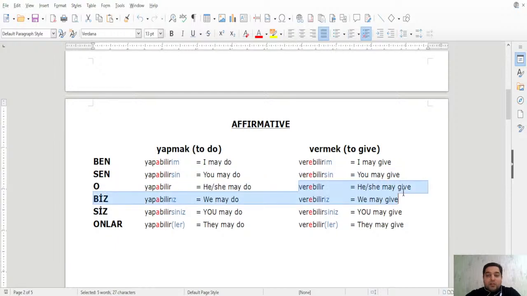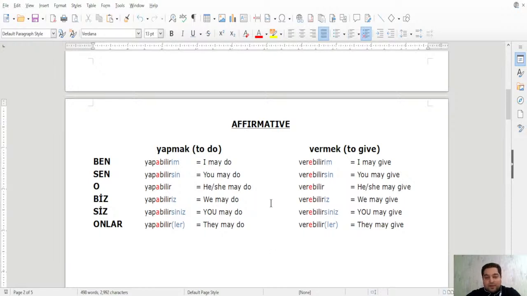Verebilir, he she may give. Verebiliriz, we may give. Verebilirsiniz, you may give, plural. And verebilirler, they may give. So this is the affirmative form for the possibility when you want to say I may do it, right? There is a possibility I will do it.